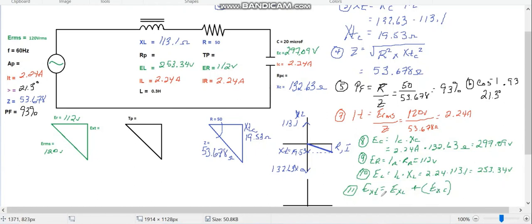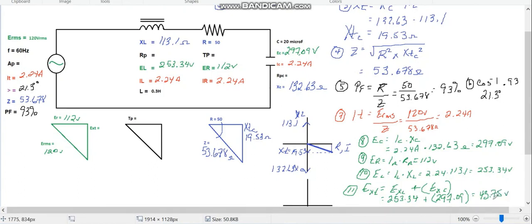In other words, I would write that as 253.34, which is my inductive voltage, plus a negative value of 297.09, giving me a total reactive voltage of 43.75.